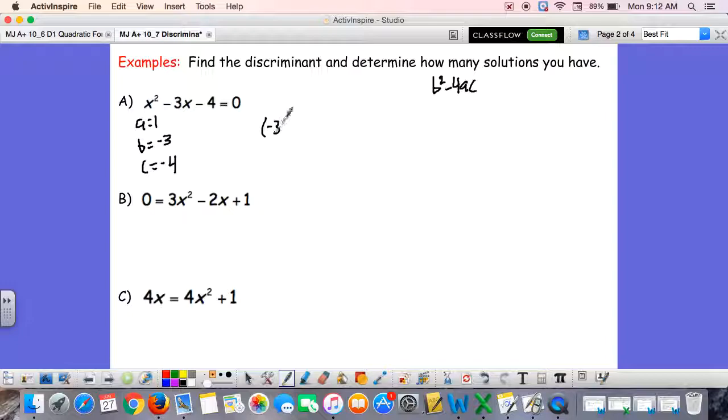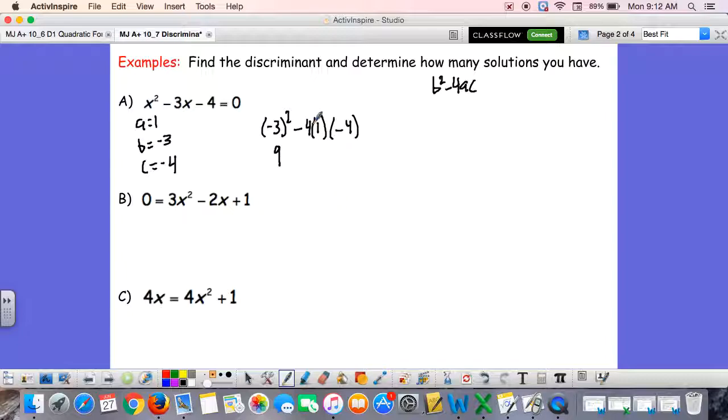So b squared is negative 3 squared minus 4 times 1 times c, which is negative 4. Now the big thing with the discriminant is not losing track of your negatives. Negative 3 squared is negative 3 times negative 3, or positive 9.